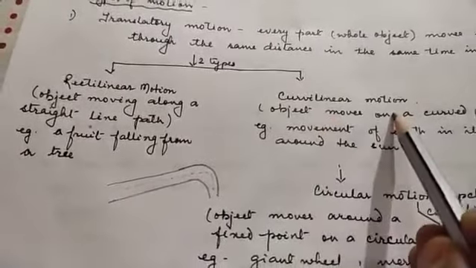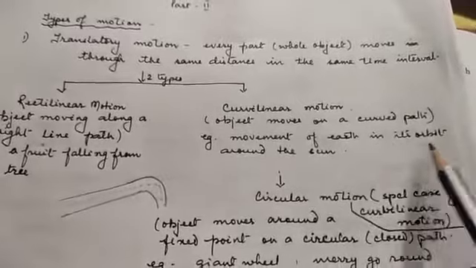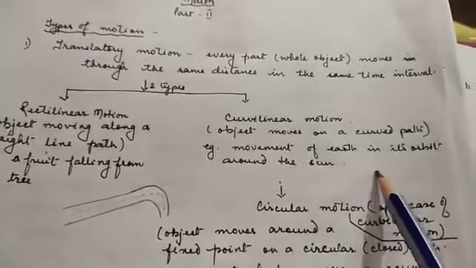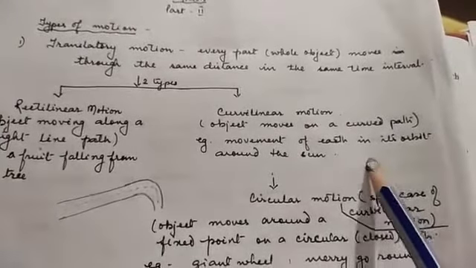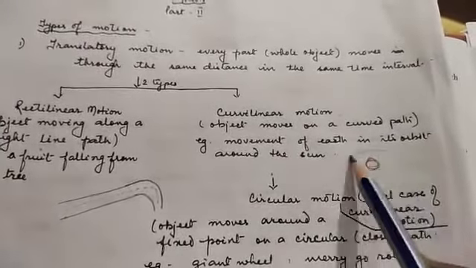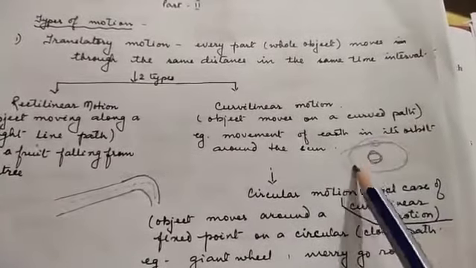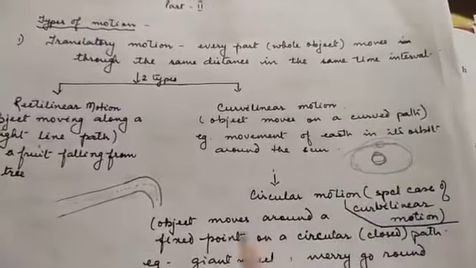You might have seen cyclists racing on curved tracks, isn't it? They are in curvilinear motion. A simple example: when the earth moves around the sun in its orbit, this is the sun and this is the orbit, the earth is moving in a curvilinear motion.